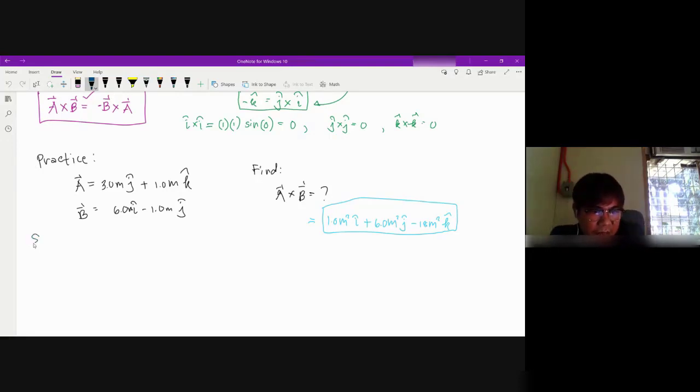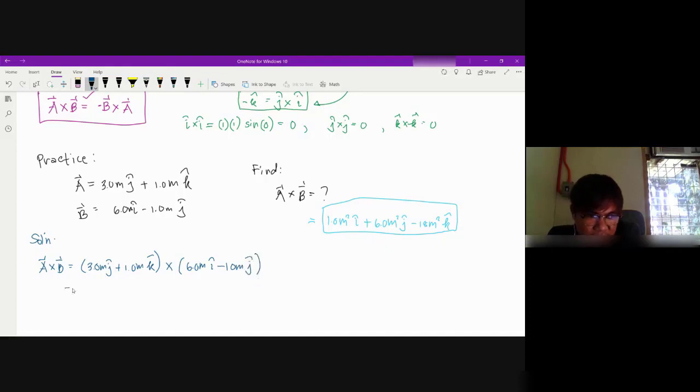So you have here the solution. Let us copy it. You have 3 meters j hat plus 1 meter k hat, and then cross this with 6 meters i hat minus 1 meter j hat.